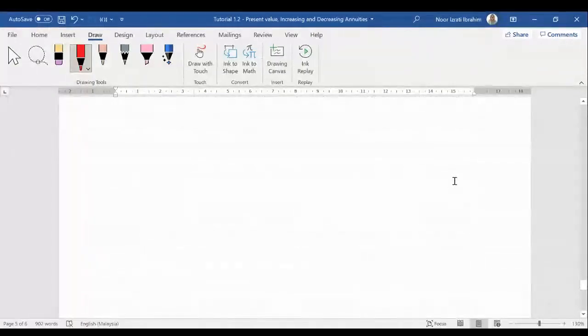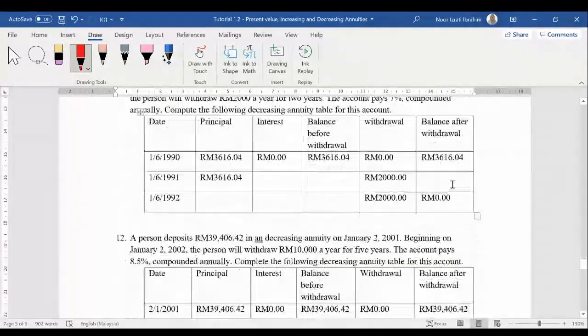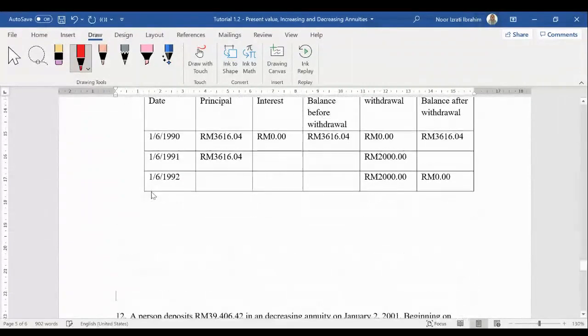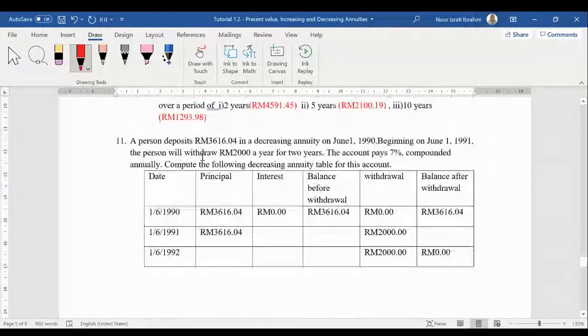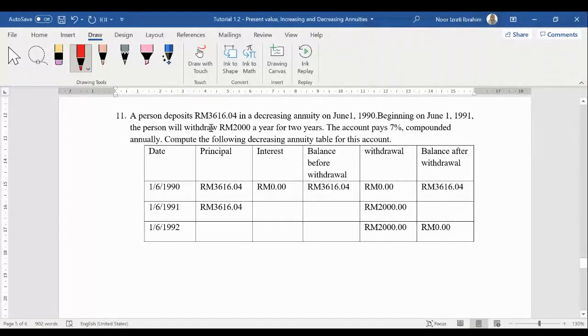Questions 11 and 12 here are about the account of a decreasing annuity. Question number 11: a person deposits 3,660 ringgit 4 cents in a decreasing annuity on June 1st, 1990.